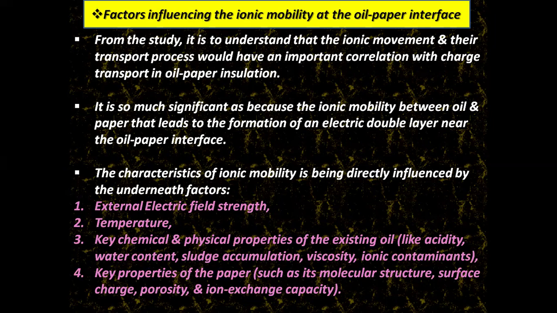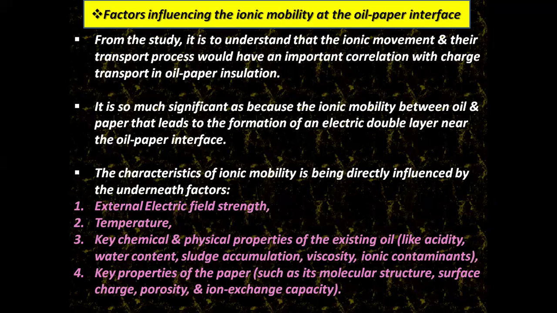It is rather so significant because the ionic mobility between oil and paper leads to the formation of an electric double layer near the oil paper interface. The characteristics of ionic mobility are directly influenced by the underneath factors.